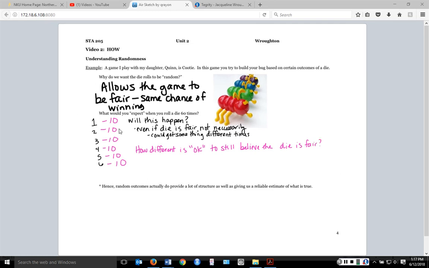If I expect 10 of each number, how different when I actually roll it 60 times could these numbers be, and I'd still think, yeah, it's a fair die?